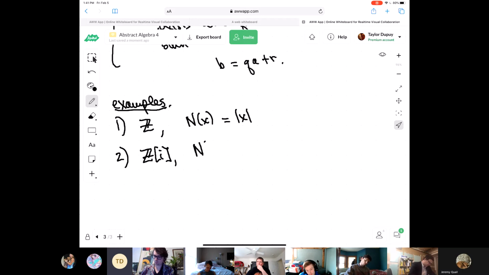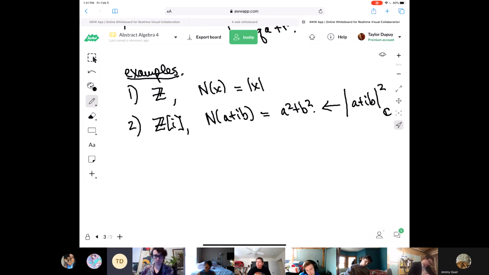The norm of a plus ib is going to be a squared plus b squared, which is also equal to the complex norm squared. Note this norm is not a norm in the sense of Mike Wilson's class.